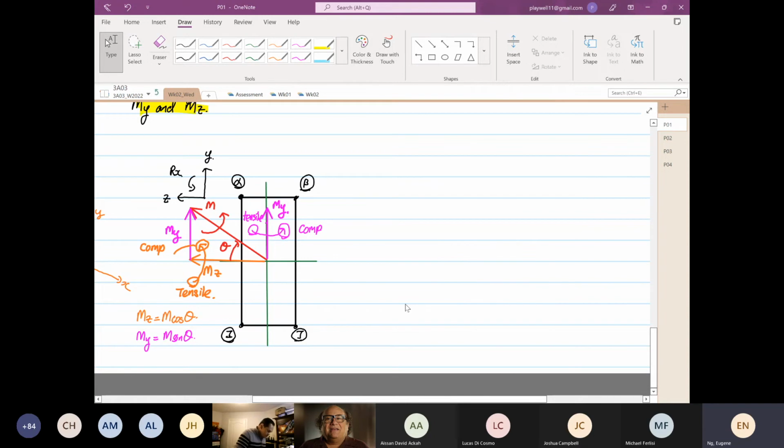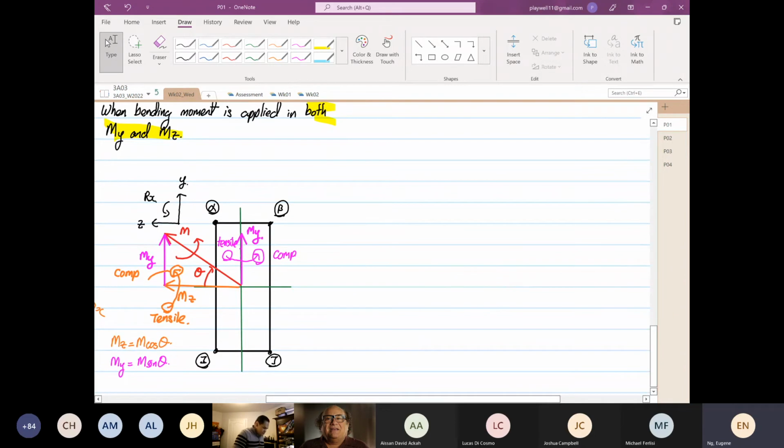Now let me help you with the moment vector. I teach in another department where students are not that strong in their vectors, so this is what I teach them. I would just draw an arrow.